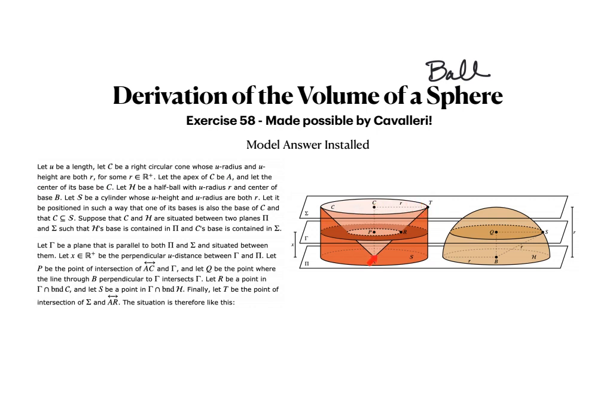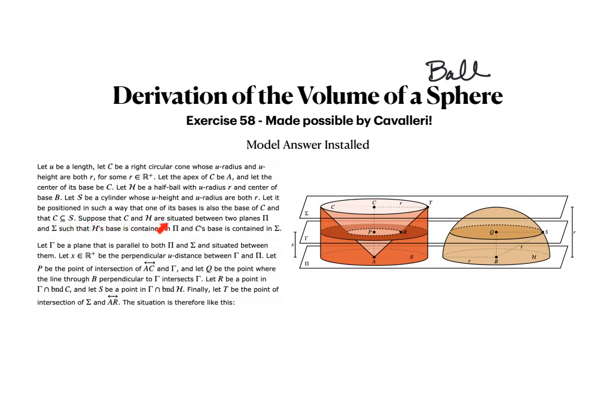My radius is R and the height is also R, for some positive real number R. We're going to let the apex of C be A down here and let the center of its base be C. We're going to let H be a half ball with radius R, so this half ball has that same radius as my cylinder and cone do, and center of base B. Let S be a cylinder whose height and radius are both R. Let it be positioned in such a way that one of its bases is also the base of C, and C is a subset of S.